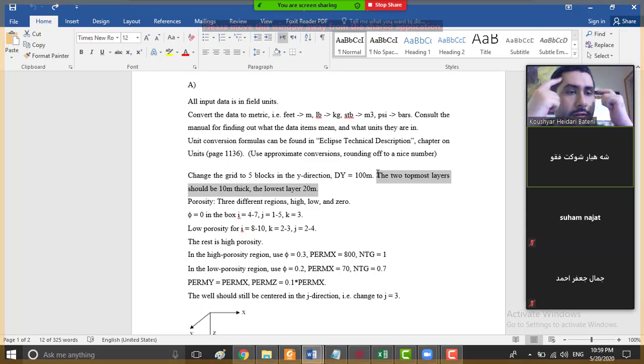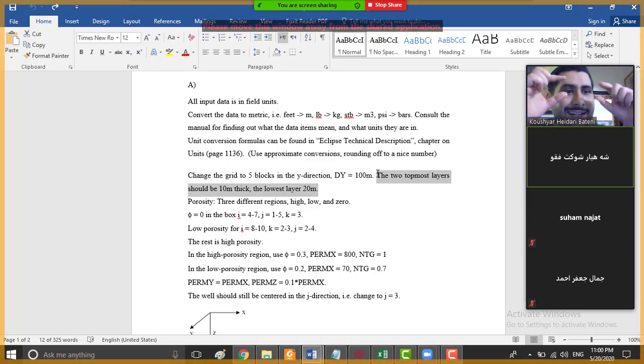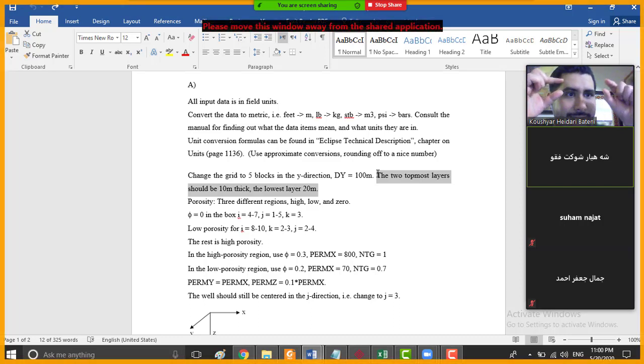Yes, in the first two layers, we have 100 cells. So the dz for those 100 cells is equal to 10, and the dz for the next 50 cells that we have in the third layer is 20. Understood? Yes, sir.